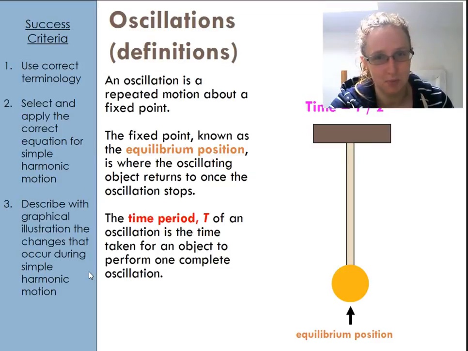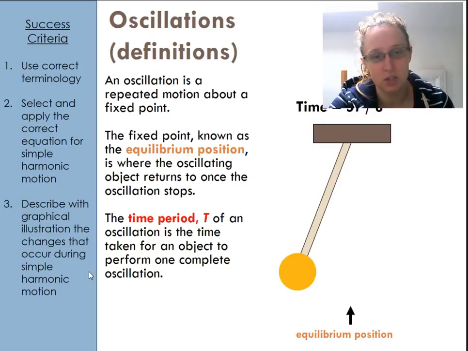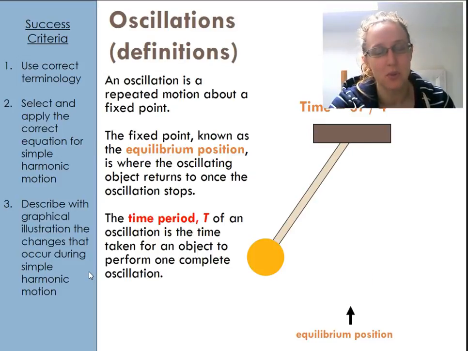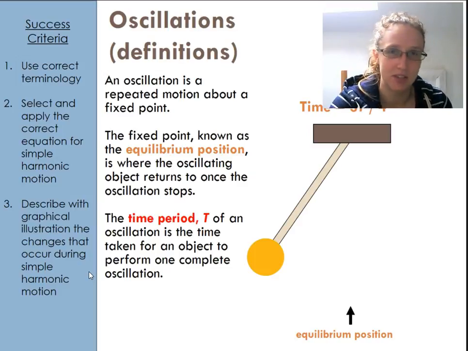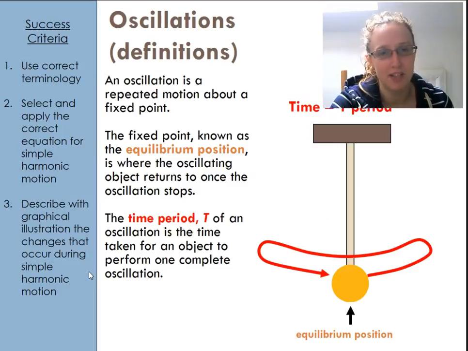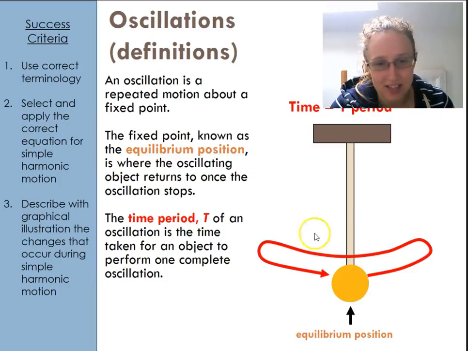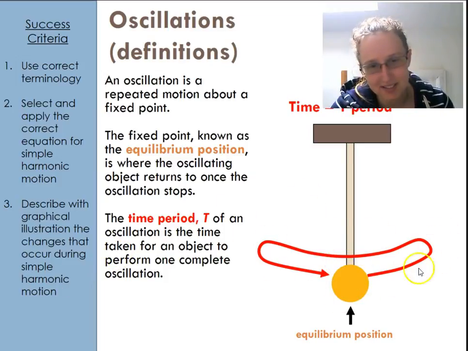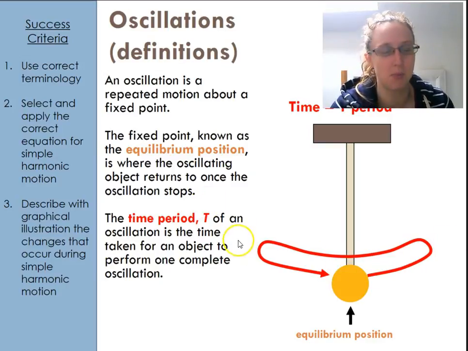It will hit the equilibrium position again at half of the time period, but then it will continue moving the other way. Once we're 3/4 of the way through the time period, we're now at our maximum amplitude in the opposite direction. It's then going to move back to the equilibrium position, and that's now one time period. So it's kind of like it's done a circle, but you've got to remember that it's going to pass through the equilibrium position and back again.